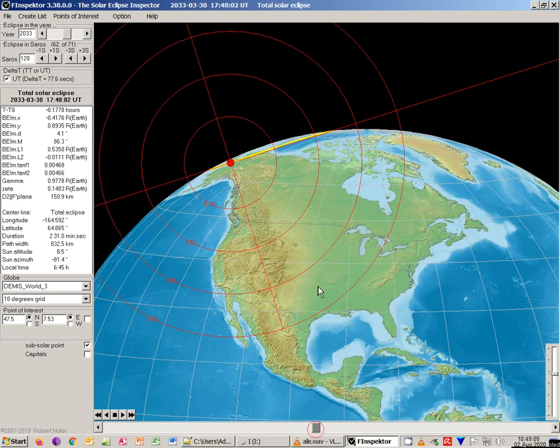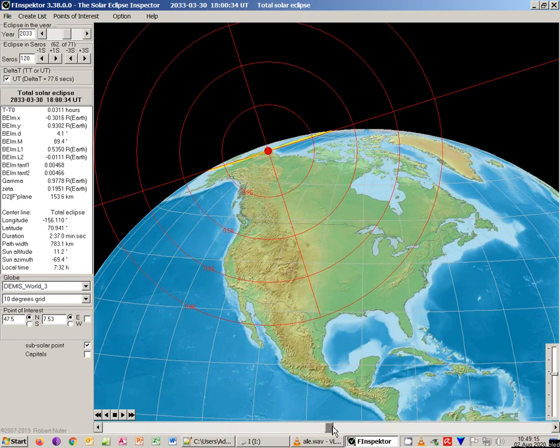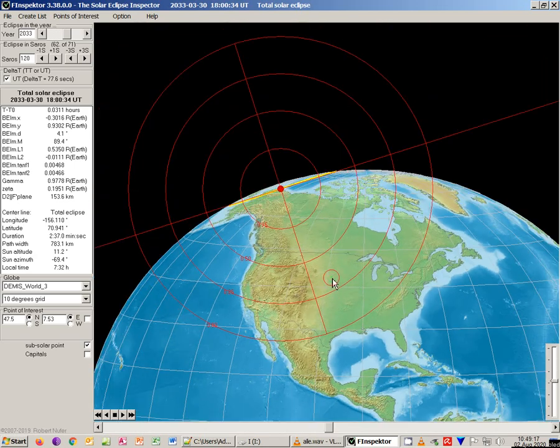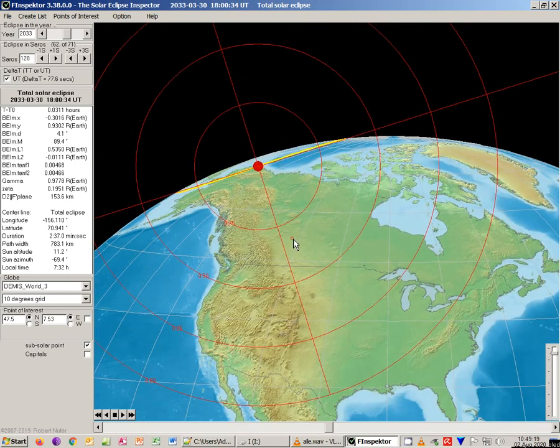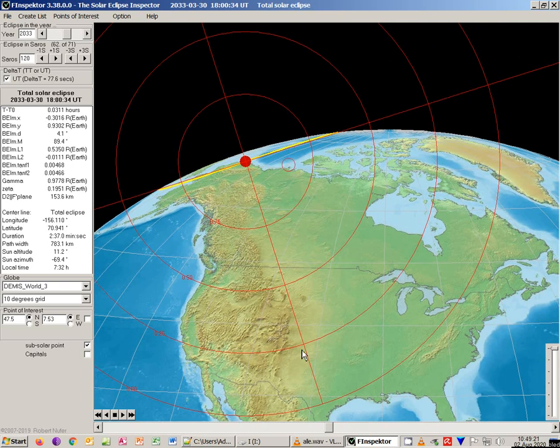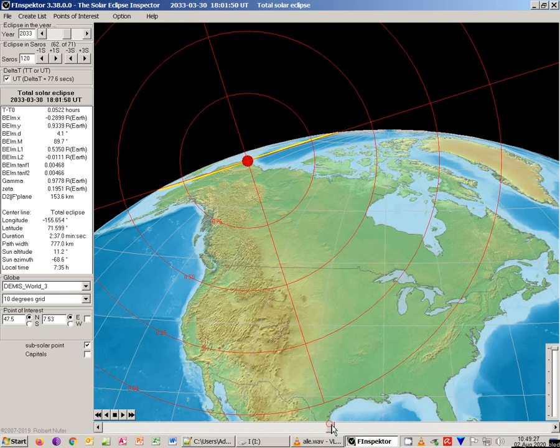About 6 minutes later, the complete umbral shadow is on the Earth. For eclipses that are even more tangential than this one, it is possible that not the complete umbral shadow touches the Earth. And even the central line may lie outside the Earth. These eclipses are then called non-central ones.